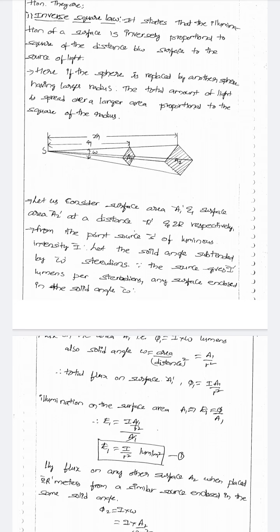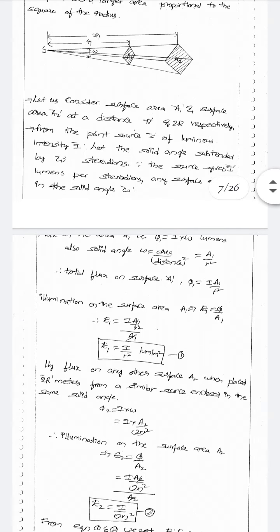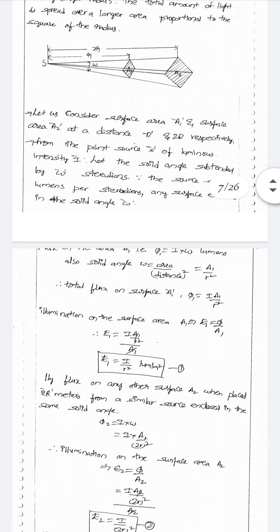From the point source of luminous intensity I, let a solid angle omega steradians be subtended. The surface gives I lumens per steradian enclosed by omega. Omega is equal to area by distance square, that is A1 by r square.